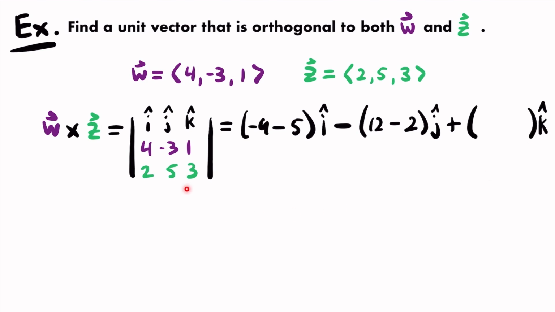So if we go back to our matrix, we'll cross out this row and this column involving vector k, and then these 4 values are what we're going to use for the determinant. So we'll have 4 times 5 minus negative 3 times 2. 4 times 5 is 20, so we'll have 20 minus negative 3 times 2, which is negative 6. Okay, now if we simplify, this will be equal to negative 9 minus 5 times i.